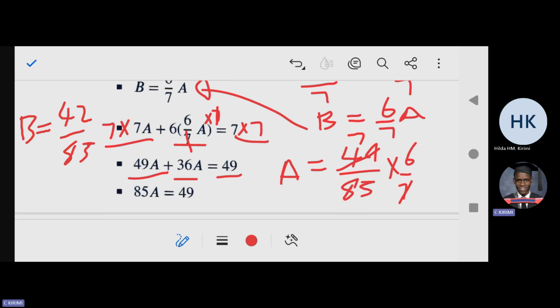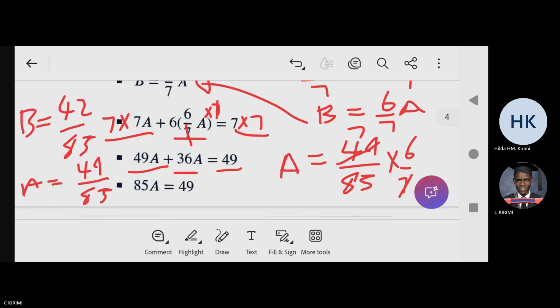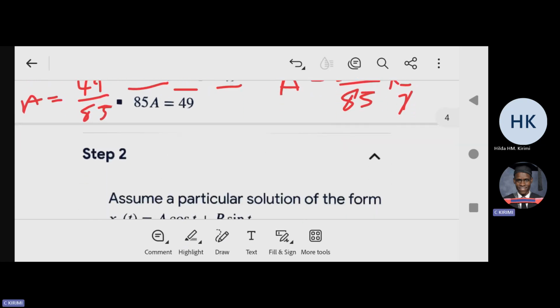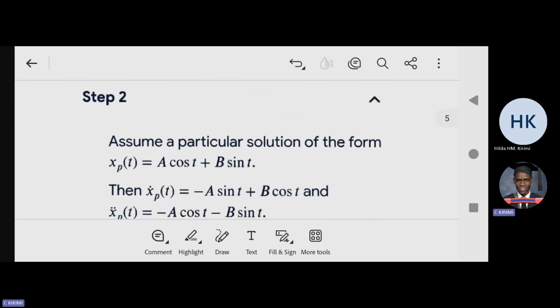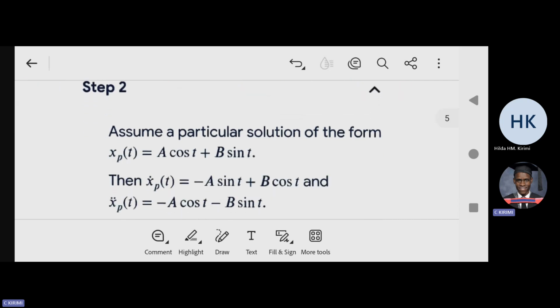And then a, we said a is what? 49 over 85. Okay. So we have found the constants. Assume the particular solution is of the form A cos t plus B sin t.